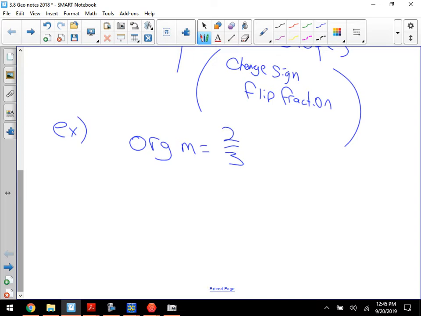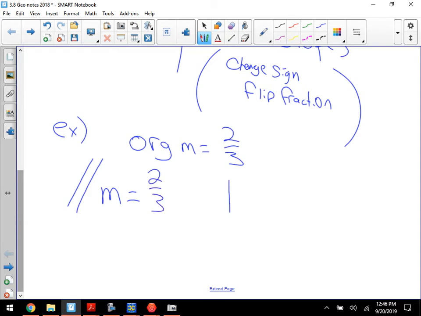So if I say the original slope is 2/3, what's parallel to 2/3? Well, what do you know about parallel lines? Same slopes. So if the original slope is 2/3, what's parallel to 2/3? 2/3. Okay.